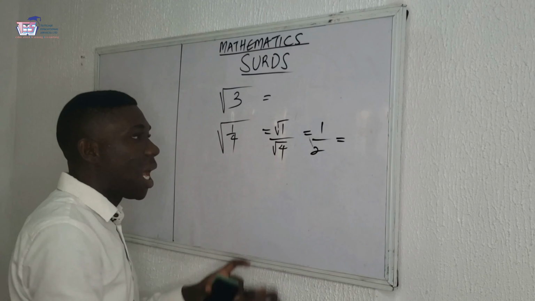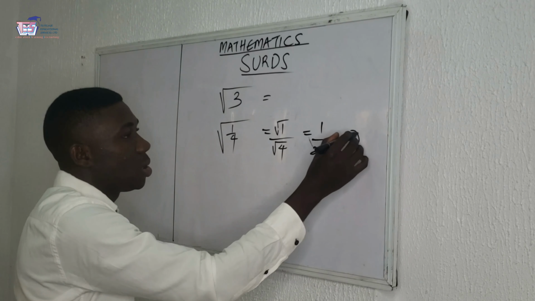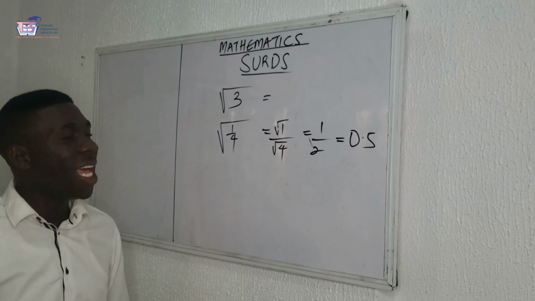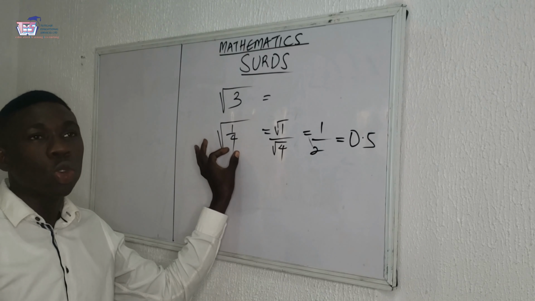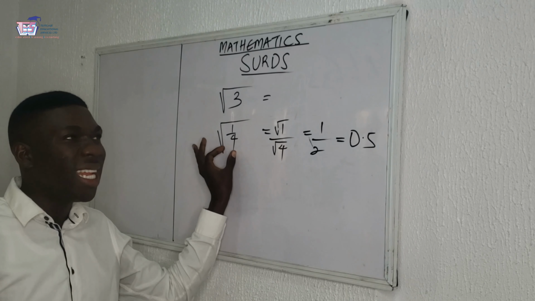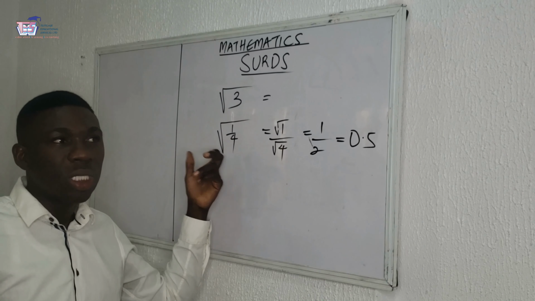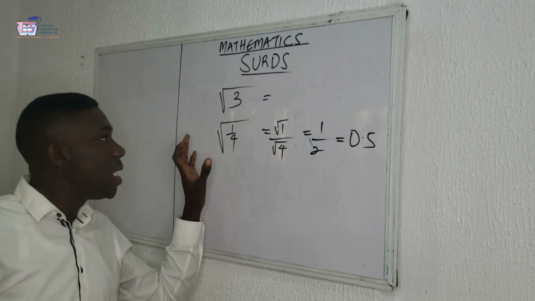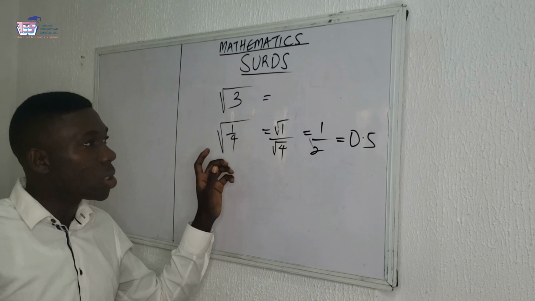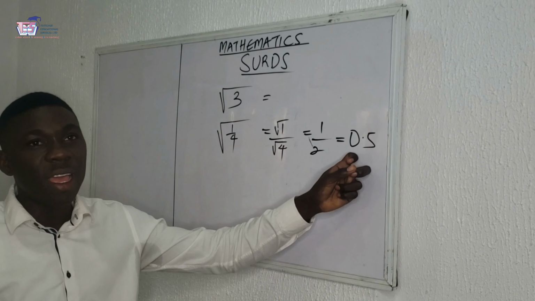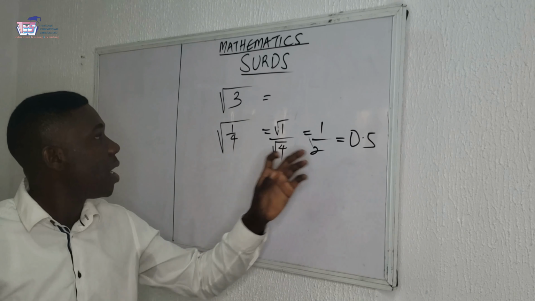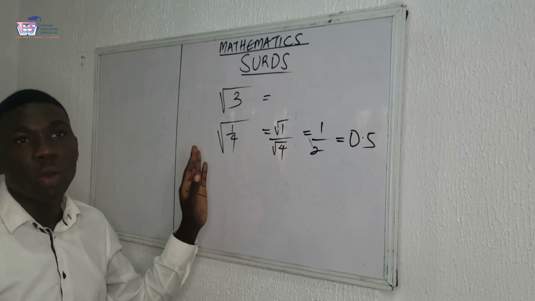It implies 1 over 2, and 1 over 2 can be written as what? 0.5. So you can see that we also have fractions or decimals that are perfect squares.